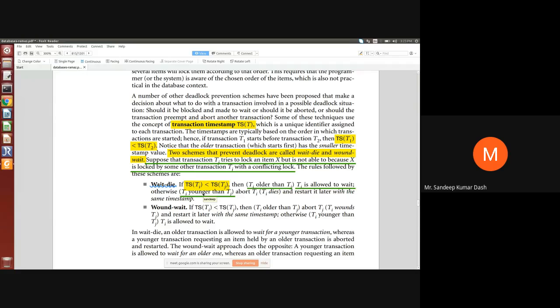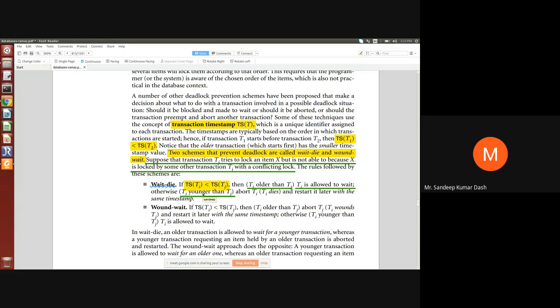So if a younger transaction is holding a lock on a data item and an older transaction is requesting, then the older transaction will be allowed to wait until the younger transaction releases the lock. In the second case, if an older transaction is holding the lock on the data item and a younger transaction is requesting the lock, then the younger transaction will die, or be aborted, without being given any access to the data item.